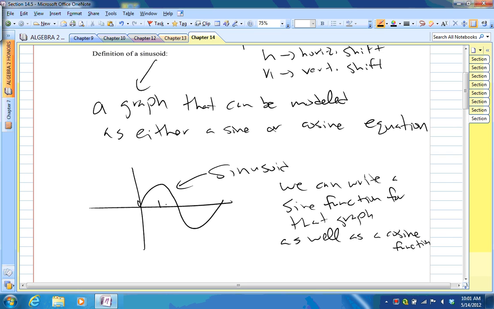And you can label it any way you like: 0, pi, pi over 2, 3 pi over 2, 2 pi. Like in this case, I would know this is y equals sine x, because that's how y equals sine x behaves. But it also can be expressed as y equals cosine of x minus pi over 2.